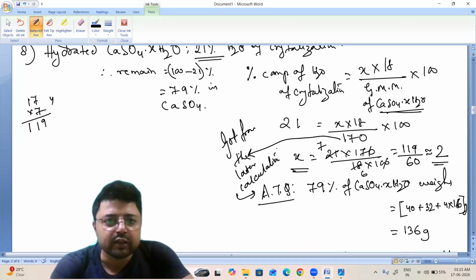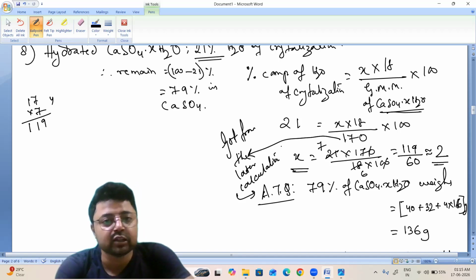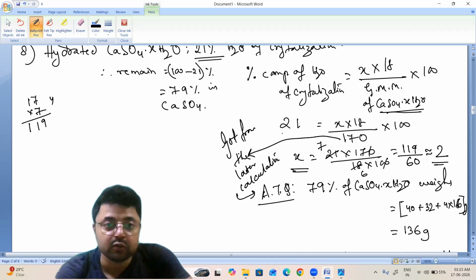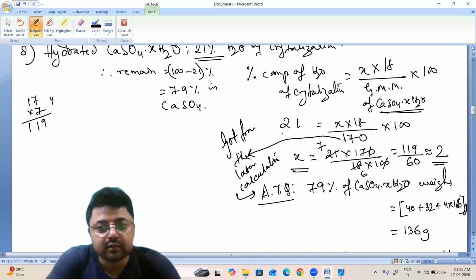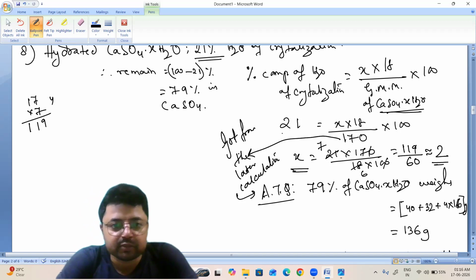I think it will help you in your classwork and homework and in understanding the questions. If you're in class 9, it will build your foundation for class 10. All this is for ICSE, because in CBSE percentage composition is not that much here. But if you are in CBSE as well, this topic will help you understand what we are going to learn in class 11, in the chapter on stoichiometry, which is the first chapter, some basic concepts of chemistry.